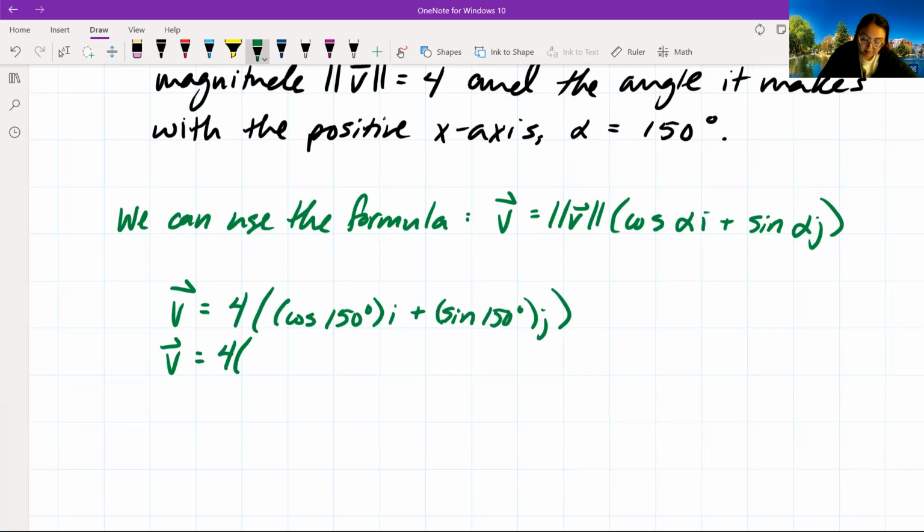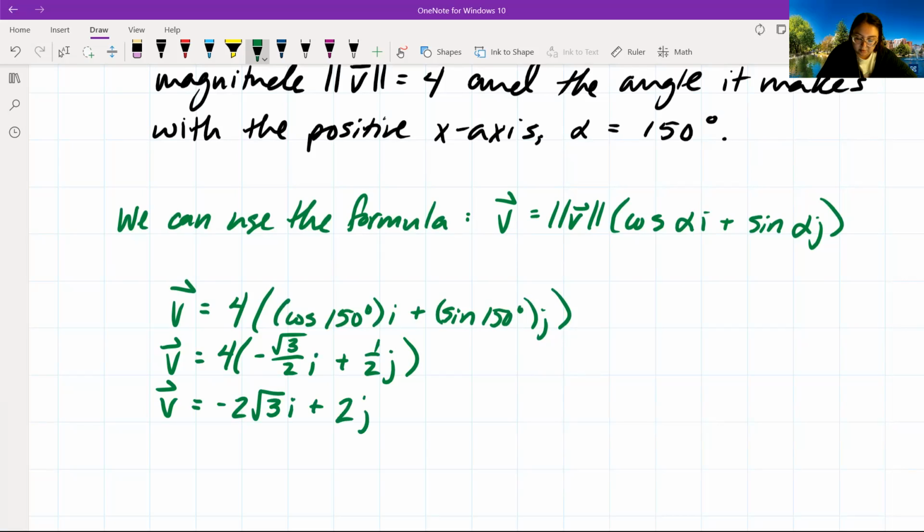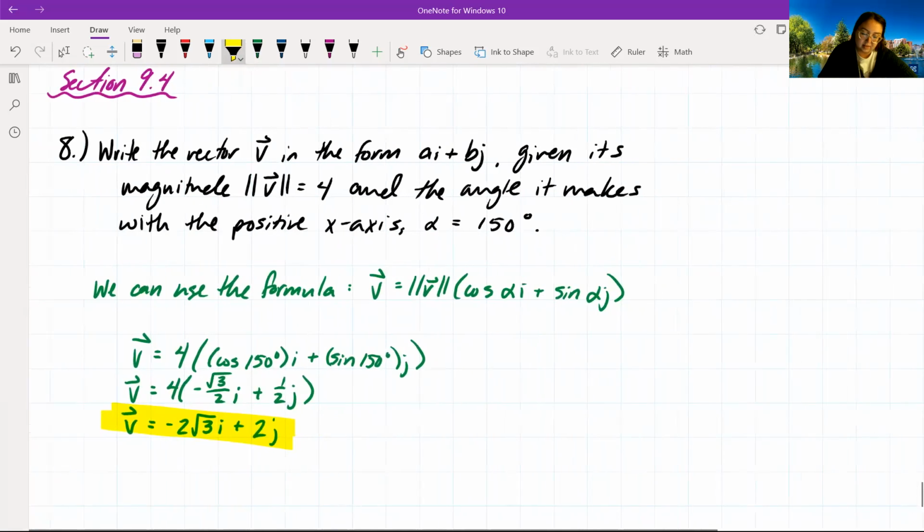Once you do that, you end up getting that cosine of 150 degrees is the negative square root of 3 over 2 times i plus sine of 150, which is 1/2 times j. And then we just simplify. So our vector v is going to be equal to negative 2 times the square root of 3 i plus 2j. And that would be our vector in the form of ai plus bj.